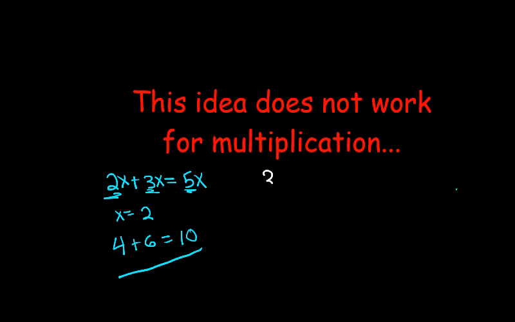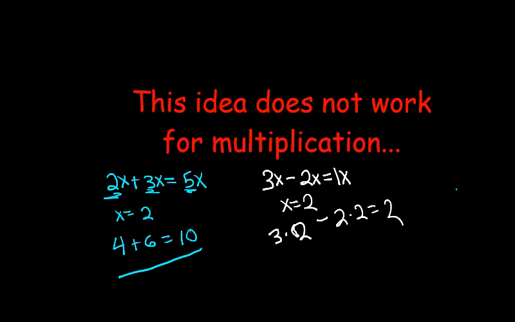And if I have 3x minus 2x equals just a plain old-fashioned x, or 1x for those of you who want to keep with the ones, and if x was equal to 2, then 3 times 2 minus 2 times 2 must equal 2. Therefore, 6 minus 4 equals 2. Brilliant! And we are finished with this episode.